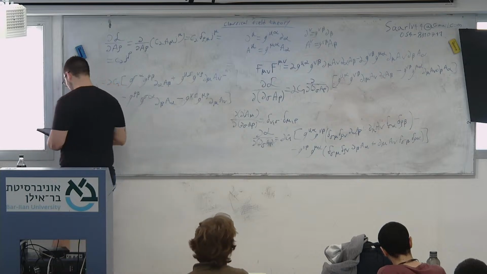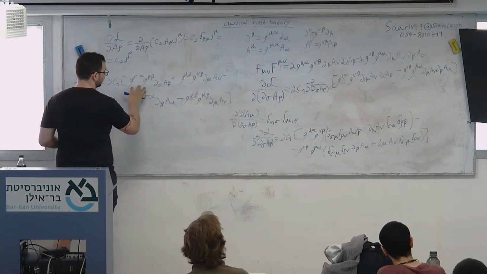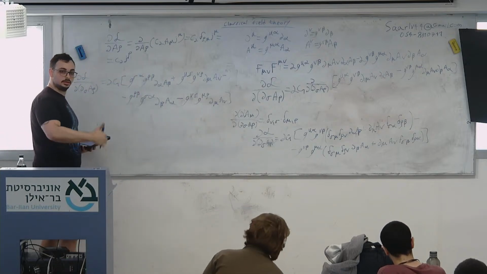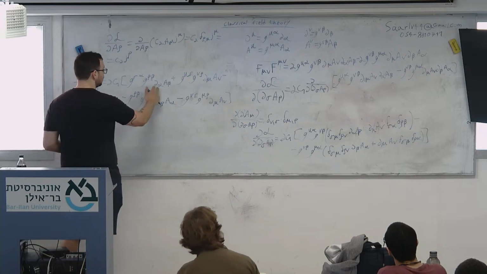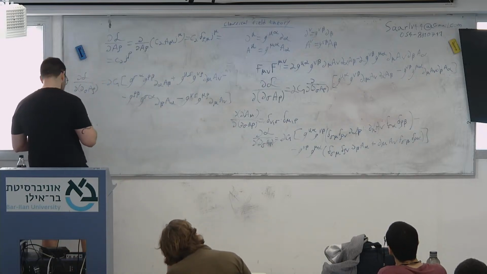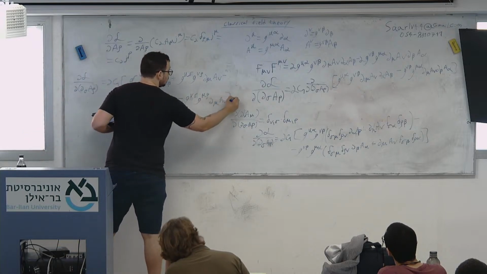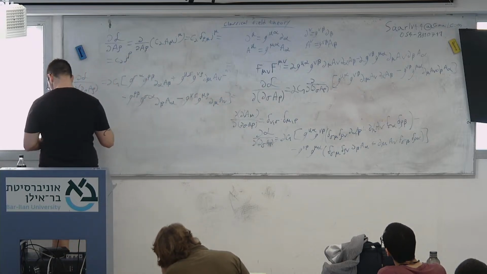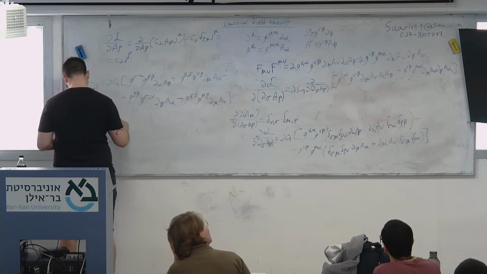Right? Now I can take all the g's back in and raise our index, or our index for the indexes, and C1.